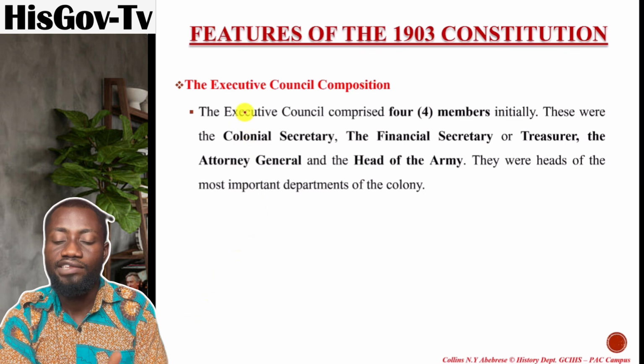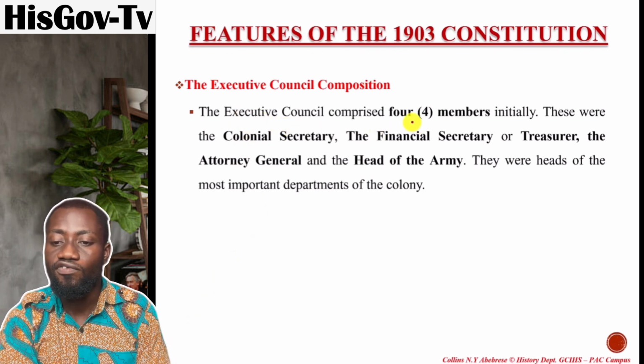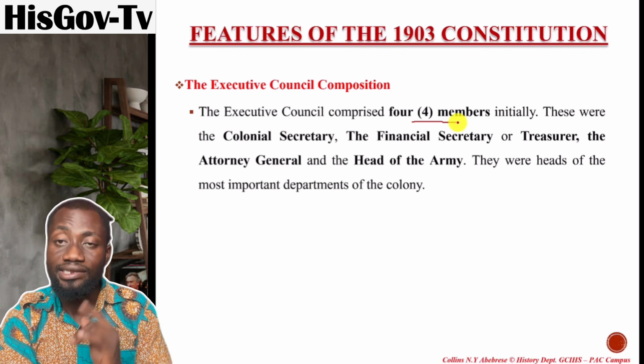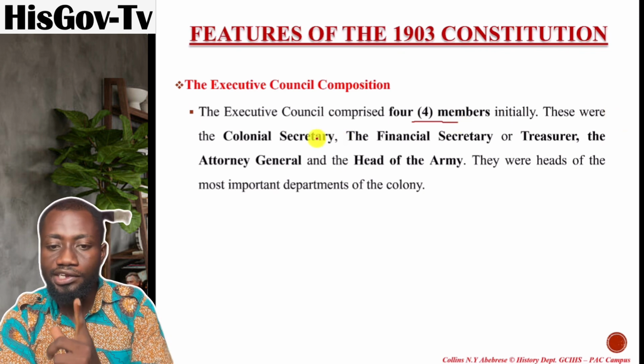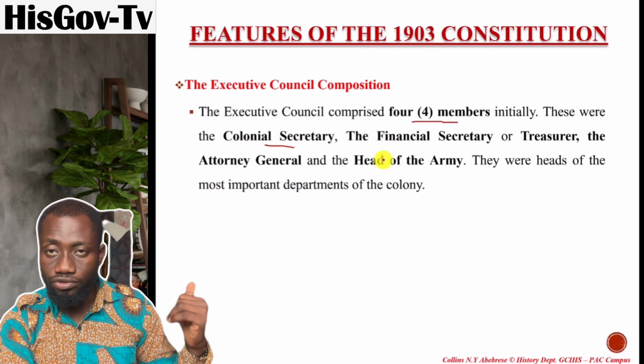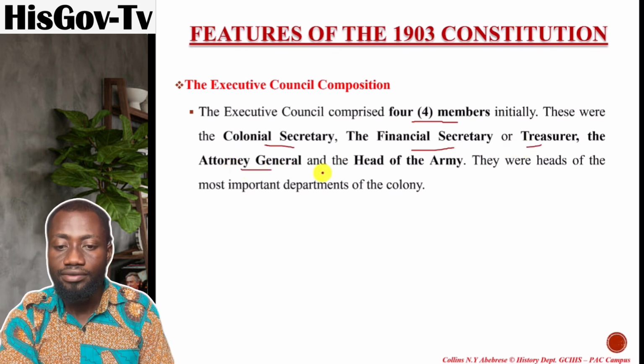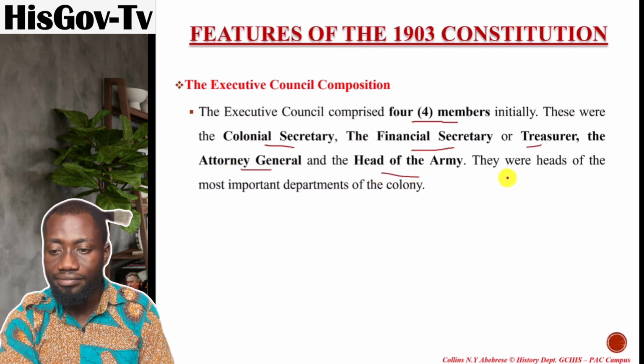So this is the first feature. The executive council was comprised of 4 members initially. These were the colonial secretary, the financial secretary or the treasurer, the attorney general, and the head of the army.